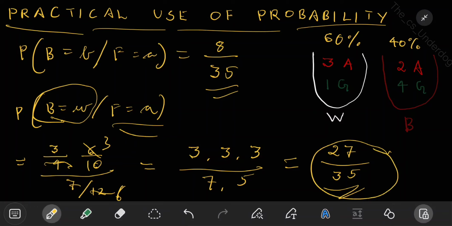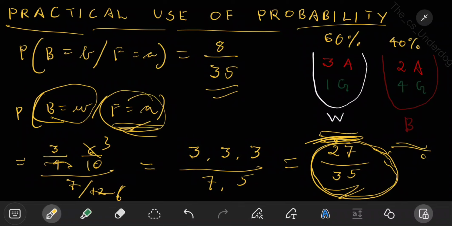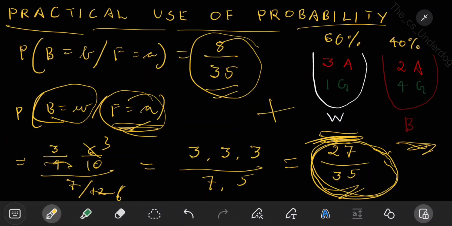If you are given that fruit is equal to apple, what are the two possibilities? Either the bag can be white or the bag has to be brown, right? So if 27 out of 35 times the bag will be white, if you already know that the fruit is apple, then the remaining 8 times the bag should be brown, because addition of these two, 8 by 35 and 27 by 35, has to give you 1.